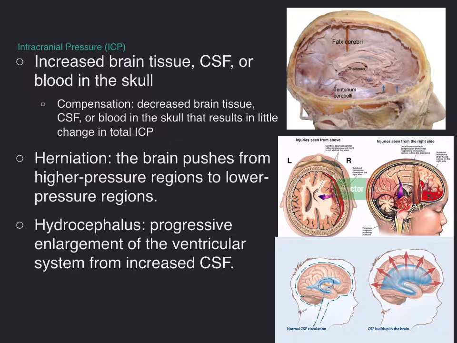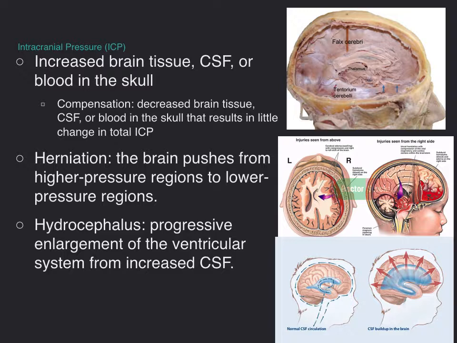So if you look at the top picture, you can see the tentorium and also the falx cerebri. And these are areas where we see the results of the increased pressure, and we see herniation take place.